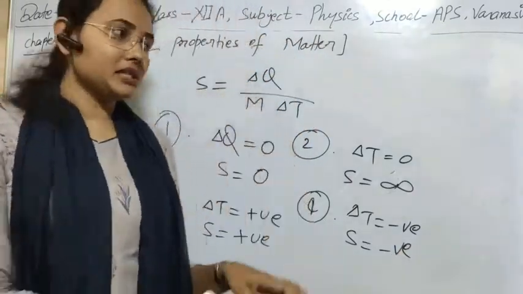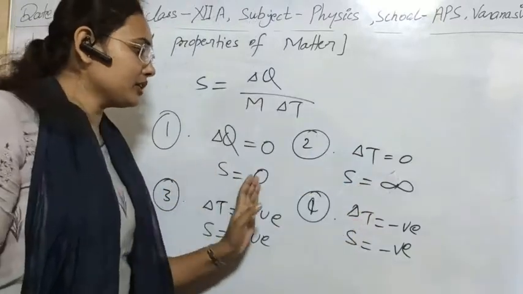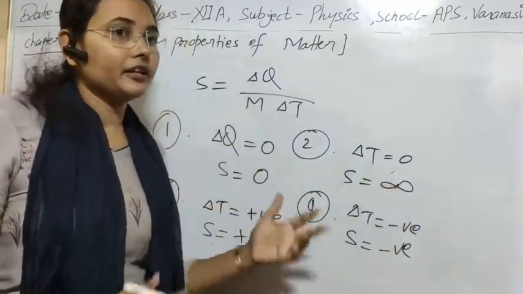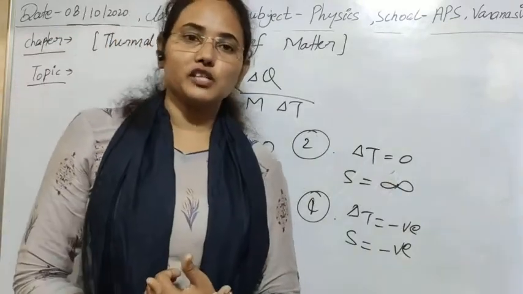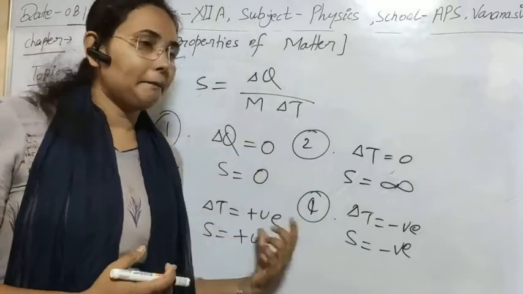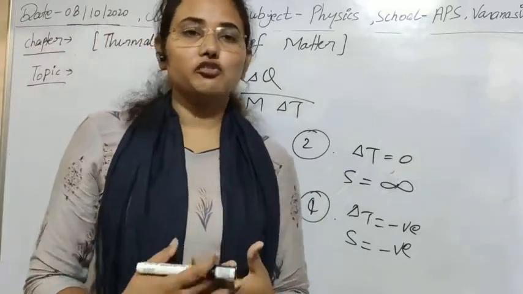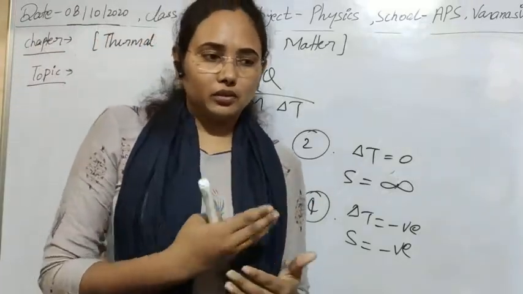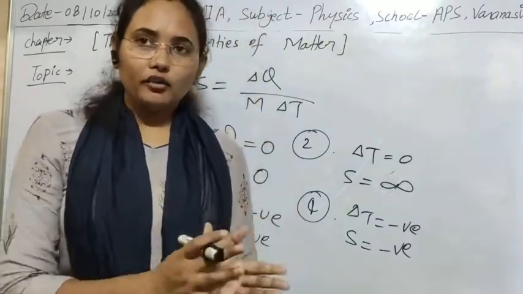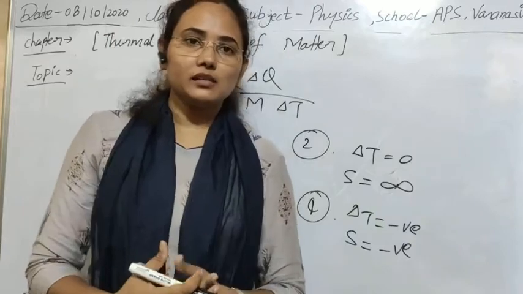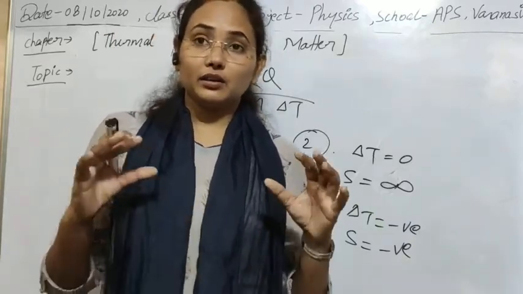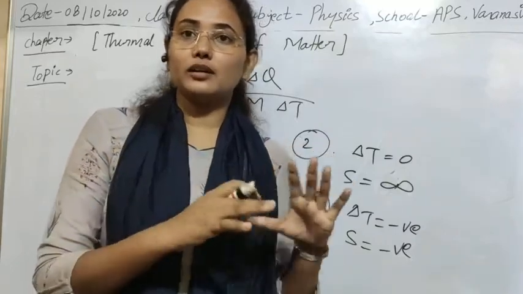So these are the conditions through which I have explained that different values of molar specific heat of gases are obtained depending upon the condition we impose on the gas. We are allowing it to expand or compress, or we are simply heating it and not allowing it to compress or expand.